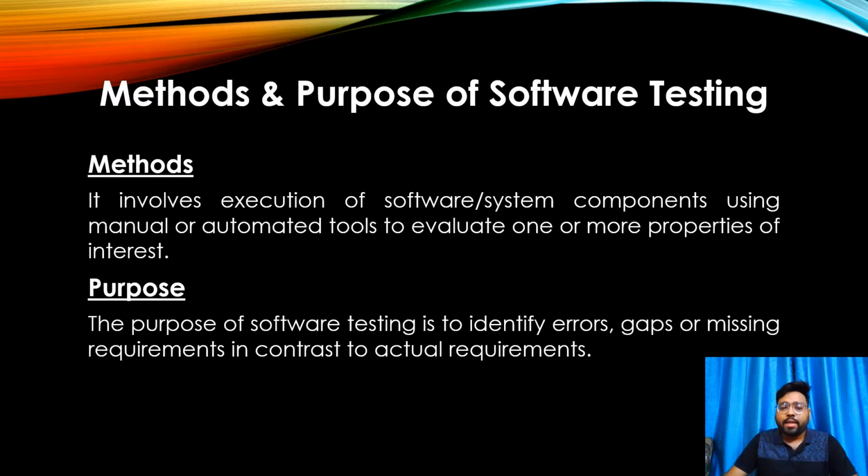That means we can test it manually, like mainly the developers do this manual testing, or the people who specifically work in manual testing and automation testing do it manually, and automation testing is usually done using special tools. And the purpose of software testing is to identify the errors, gaps and missing requirements, like whether the actual requirements are met or not.